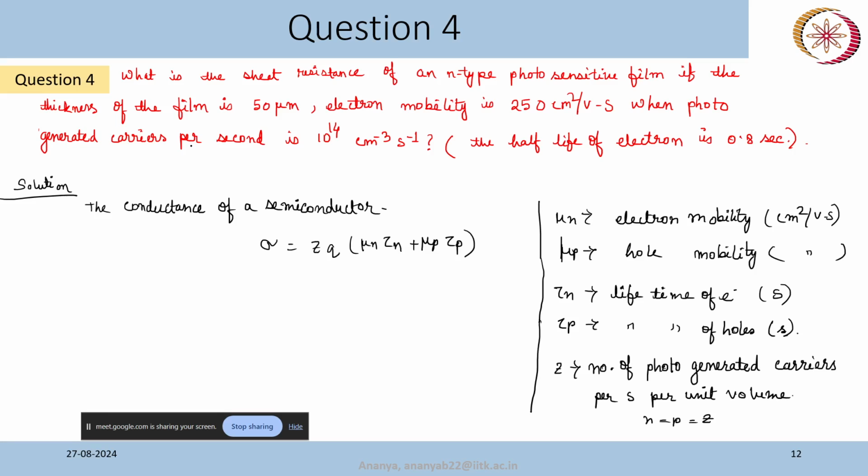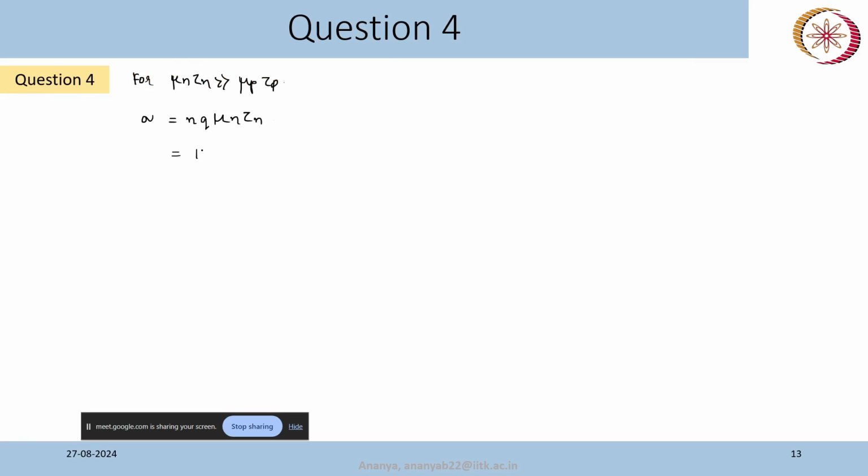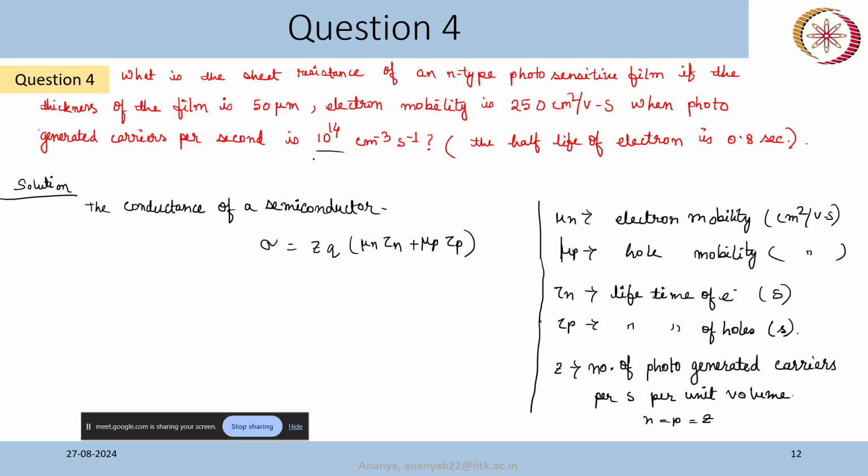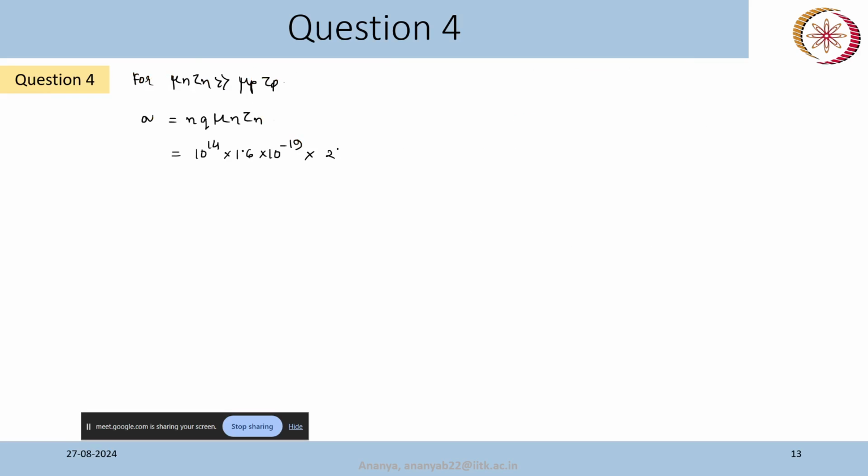N, the photogenerated carriers per second, is given as 10 to the power 14, right? So this is 10 to the power 14 into 1.6 into 10 to the power minus 19. Mu n is given as 250. Everything is in centimeters, so I am not worrying about the unit. If one unit is given in meter and another in centimeter, then you have to do the required conversion. 250 into tau n, which is 0.8.